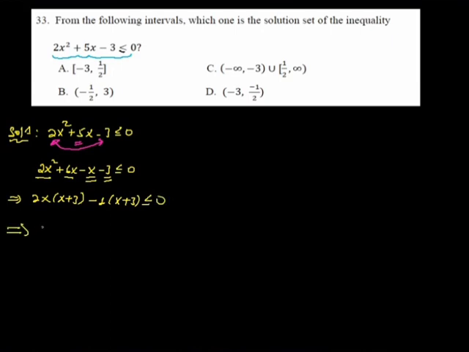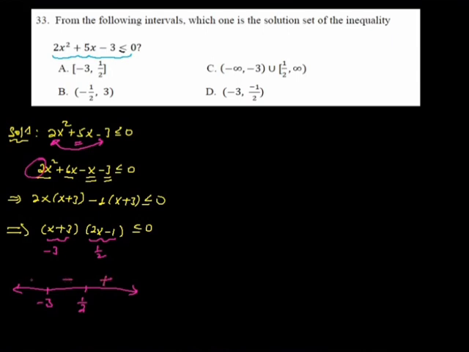Now we have x plus 3 as a common, then x plus 3 times 2x minus 1 less than or equals to 0 ይሆናል ማለት ነው። So ቀጣዩ የምናደርገው ነገር ይሄ 0 የሚሆነው x negative 3 ሲሆን ይሄ ደግሞ 0 የሚሆነው x 1 over 2 ሲሆን ነው። So we put these numbers on a number line ላይ እናስቀምጣለን። The smaller should be on the left, the bigger one እንደዚህ properly እናስቀምጣቸዋለን። Now a is positive 2 ስለሆነ a positive ነው። So plus minus plus እላለሁኝ ከቀኝ ወደ ግራ a positive ስለሆነ.